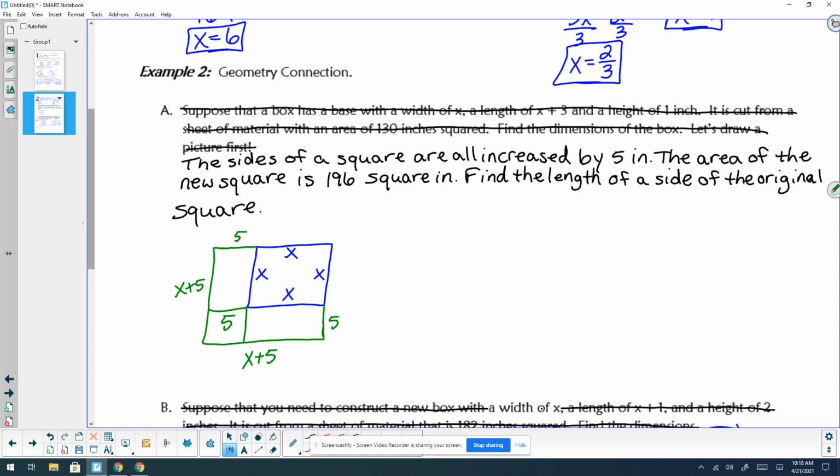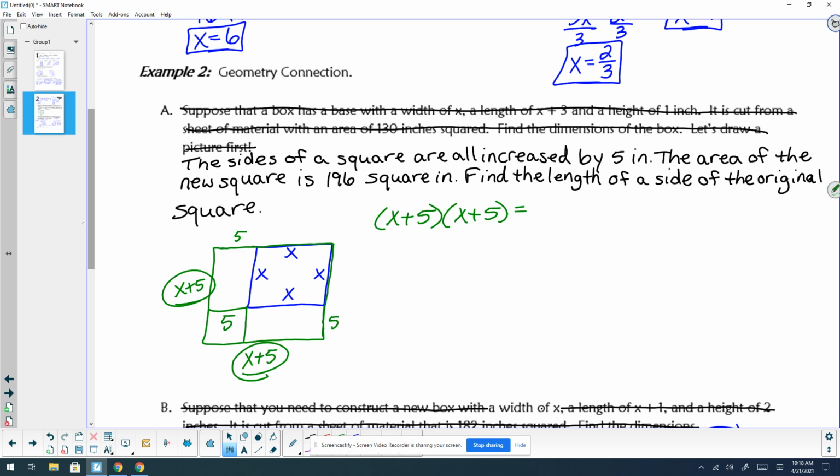The area of the new square, which is this green box, this green square, the area is 196 square inches because, in order to get 196 square inches, what I have to do is I need to take one side, x plus 5, times another side, x plus 5.